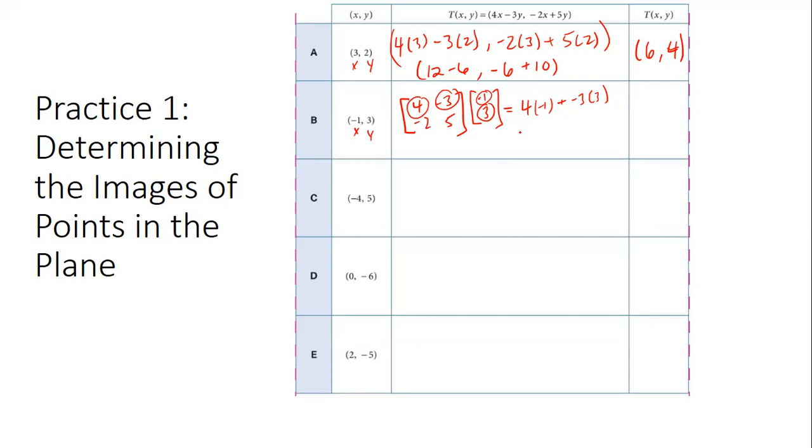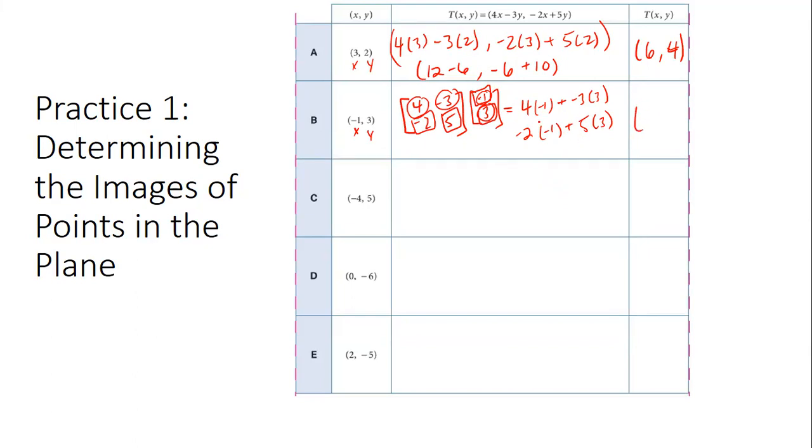Now we're going to repeat it again for the next one. So we now have negative 2 times negative 1 plus 5 times 3. And when I clean this up, I'm now going to have my x and my y.